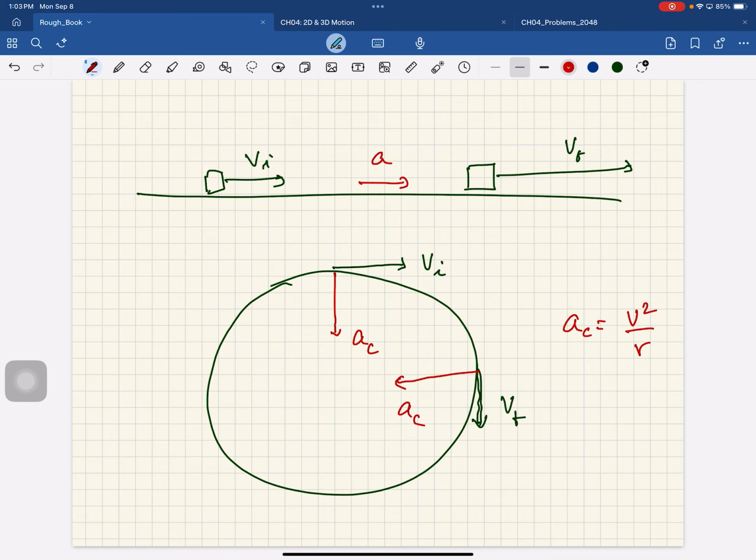The speed is not changing. The radius of the circle is not changing. Is this acceleration constant? Yes. What is an acceleration? It's a vector. The magnitude of the acceleration is not changing, but its direction is changing. So the acceleration is also constantly changing.